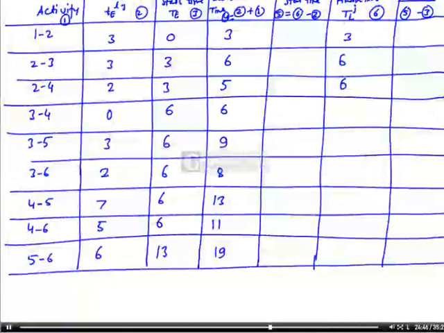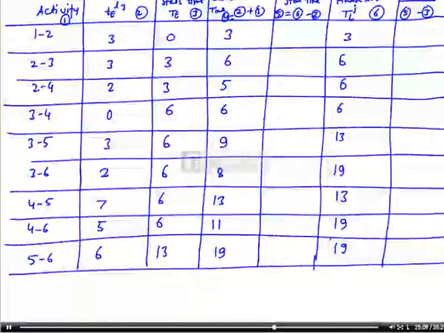For 3 to 4 we have to go at 4. So this is 6. 3 to 5 we have to go at 5. So this is 13. 3 to 6 we have to go at 6. So this is 19. 4 to 5 we have to go at 5. So this is 13. 4 to 6 we have to go at 6, so this is 19. 5 to 6 again 19.